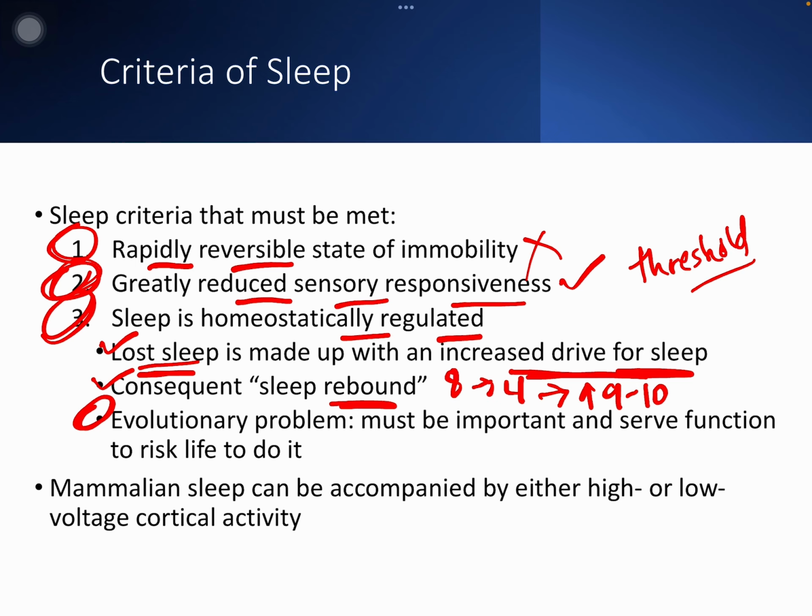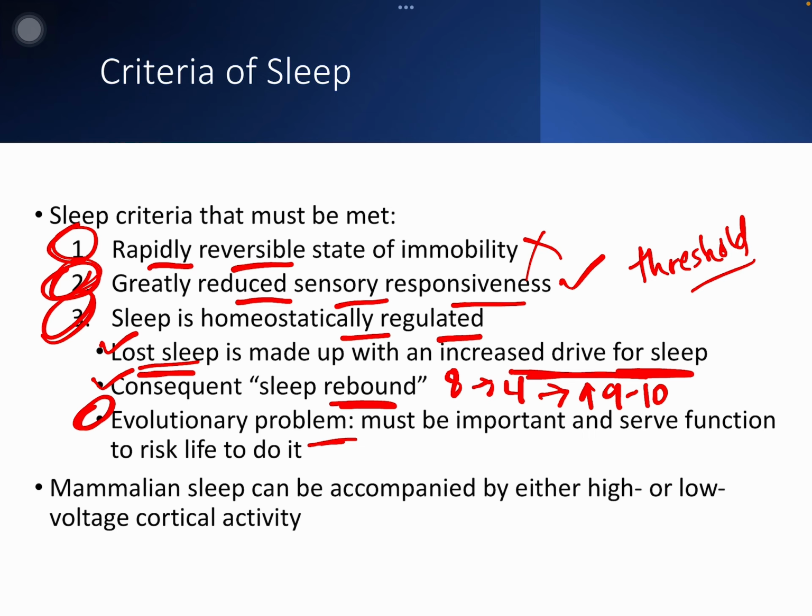And so this evolutionary problem is that we really don't know why we sleep, but it must serve a purpose. It must serve a function for us to risk our lives every single night to do it. So this is kind of like a reverse way of thinking about it. Well, if we do this thing, it must serve a function. And we, of course, have a lot of guesses as to what function it serves, but we really don't know the absolute main reason why.